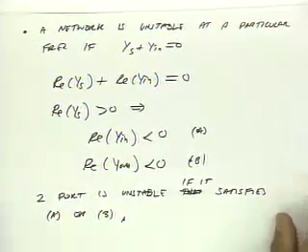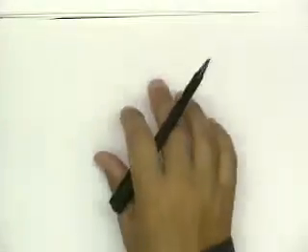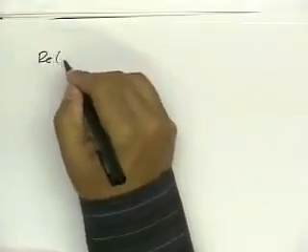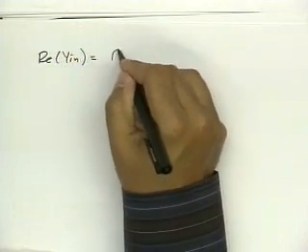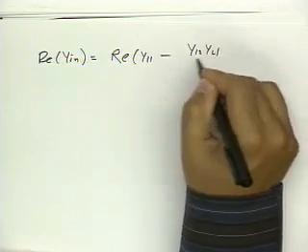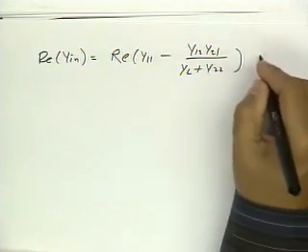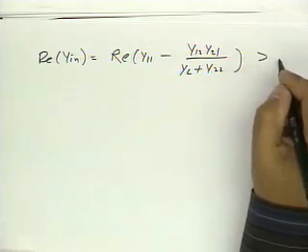So now that we have expressions for Y in and Y out, let's just plug in. For a general two-port, the real part of Y in is the real part of Y11 minus Y12, Y21, over YL plus Y22. So now we're going to look for stability.